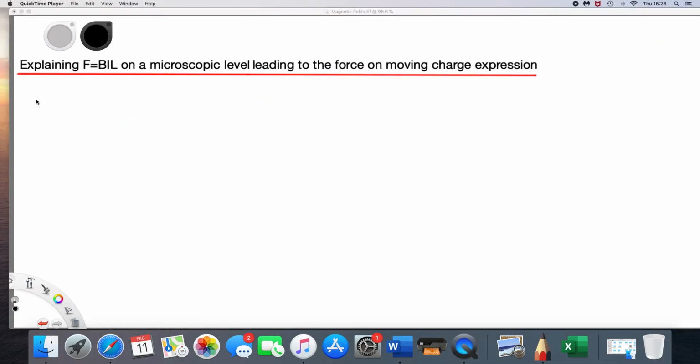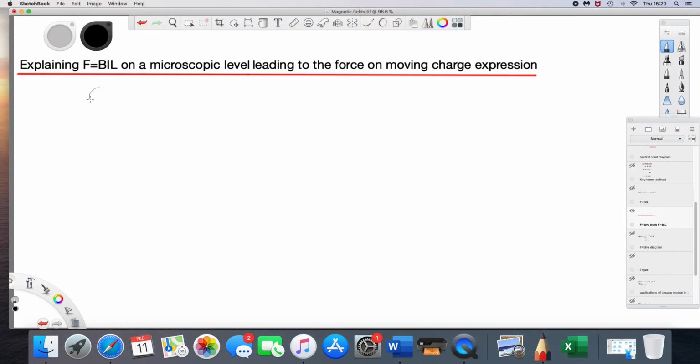Let's now connect this macroscopic big picture, F = BIl, the force on a conductor of length L carrying a current I at right angles to a field flux density B Tesla, let's bring that down to a microscopic level. Let's look at what's happening inside your conductor. So let's consider a conductor.